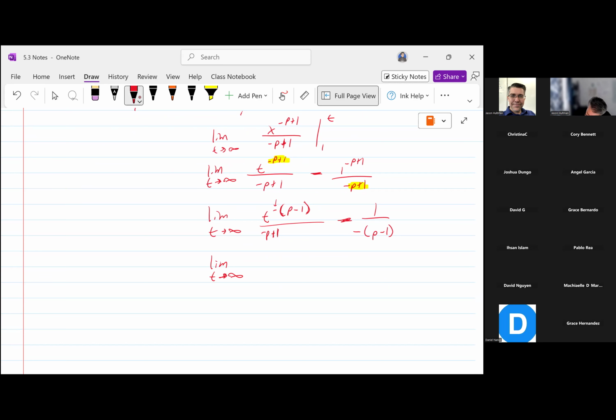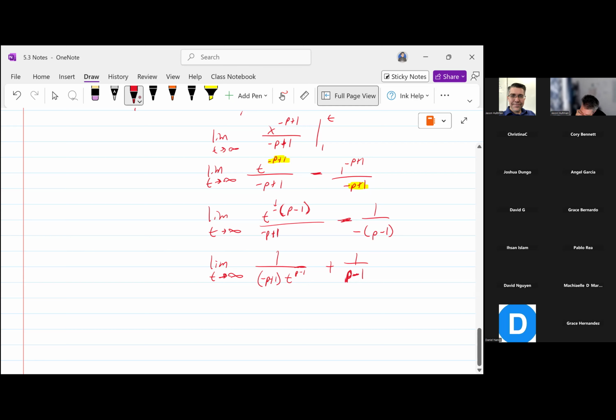So this becomes 1 over negative p plus 1 times t to the p minus 1 power, and then this is going to be plus 1 over p minus 1.